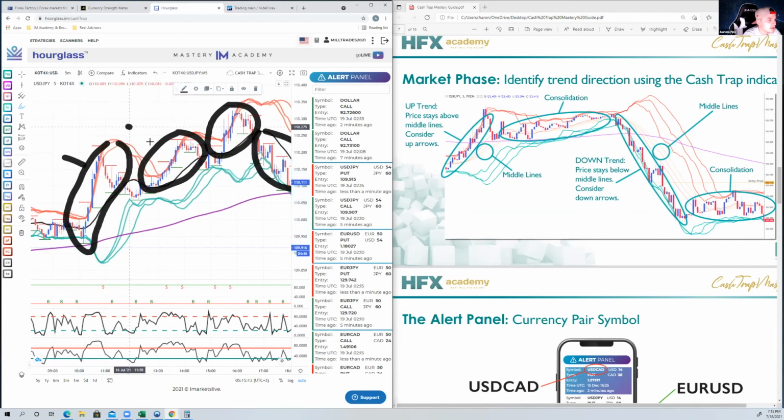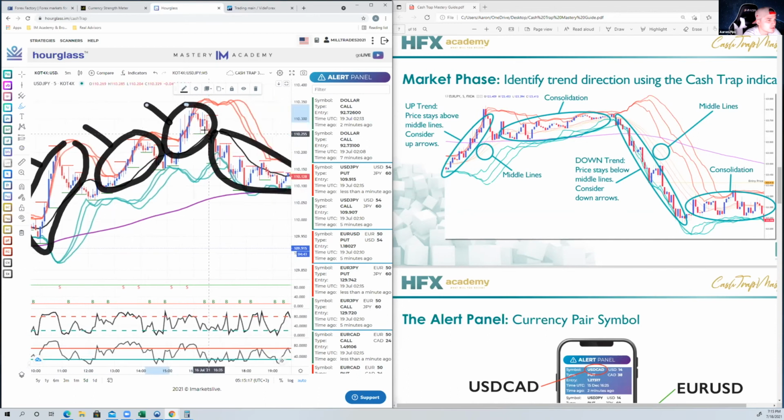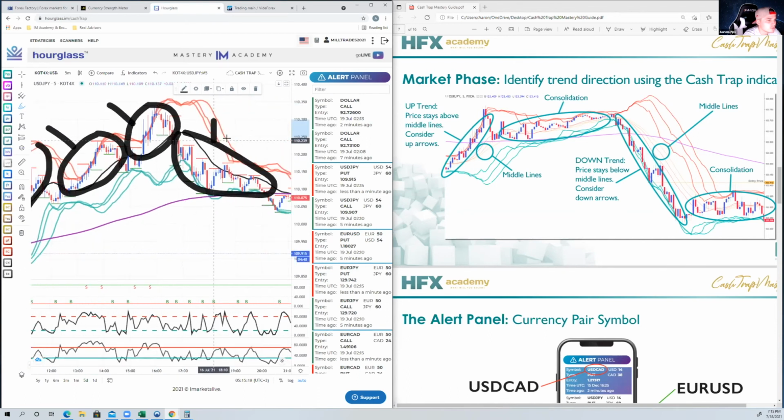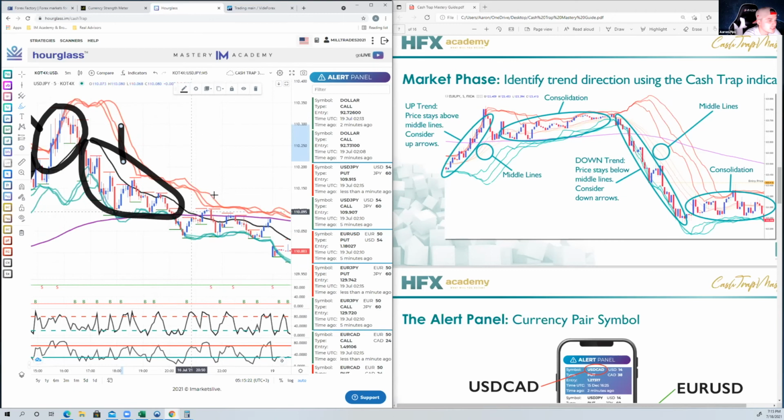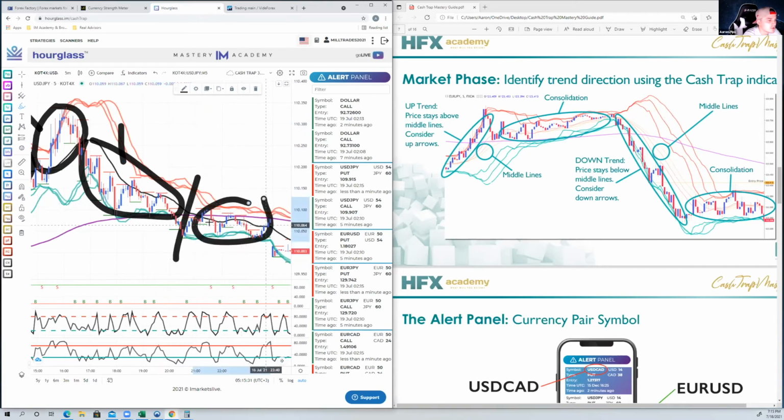You know you can buy in this one over here. You know you can buy in this one. And then when price reverses, you know you can sell in this one. And as price continues down, you want to stop over here because now price is becoming consolidated between this area. So now you can make buying and selling opportunities between this area.